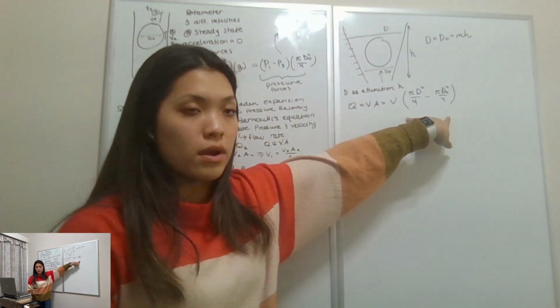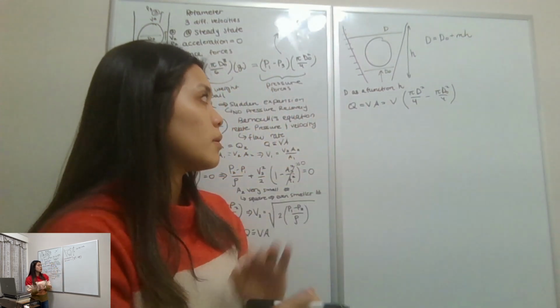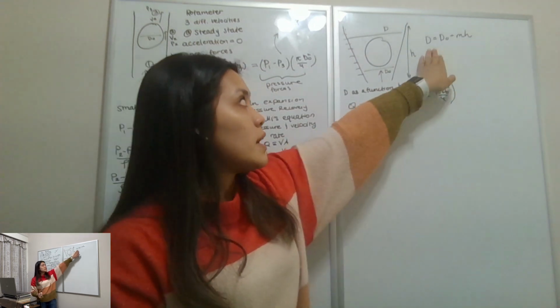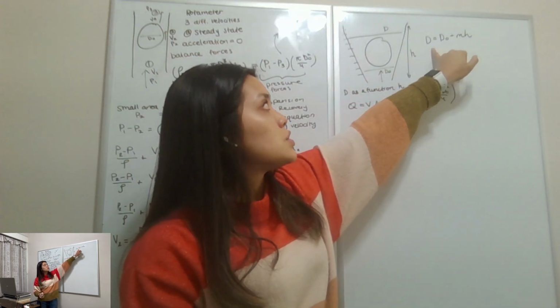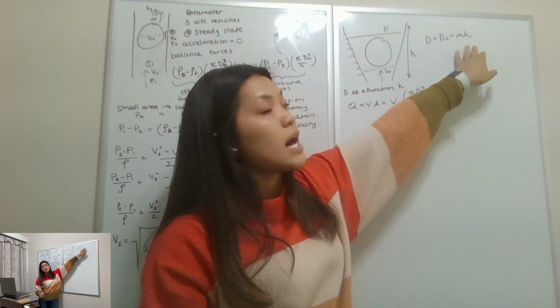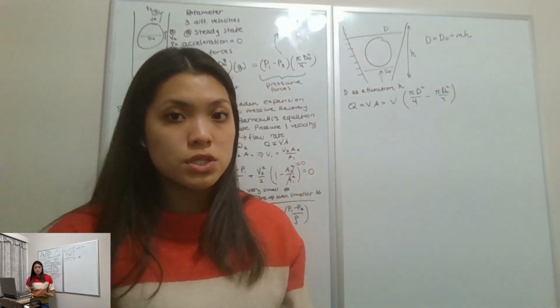That is the area we're working with because of the taper. As we defined here, diameter is just the initial diameter plus the slope times the height, because again we want diameter as a function of the height.